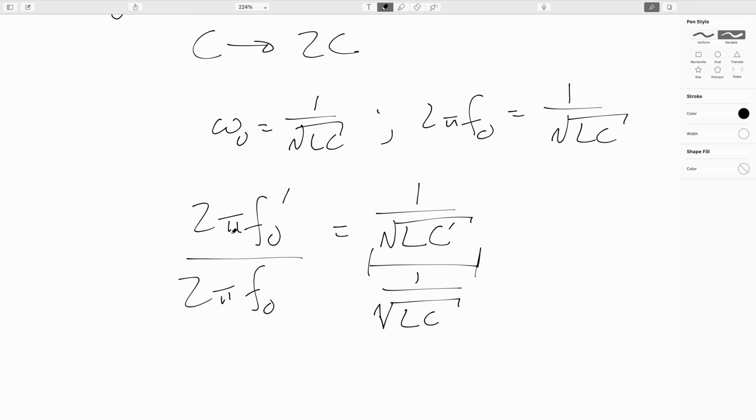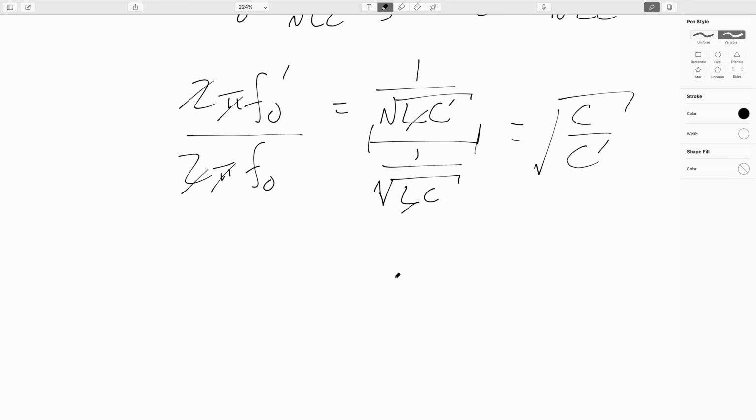All right, cancel, cancel, cancel. Clean it up, it's C over C prime. So our new frequency will equal our old frequency times root C over C prime.